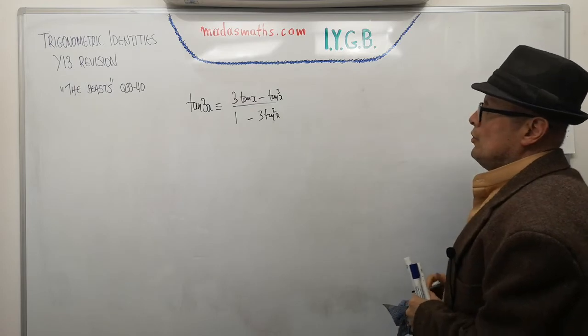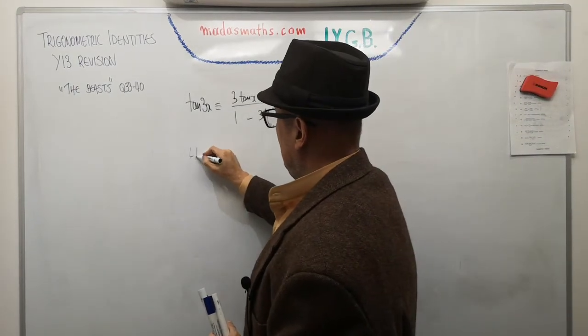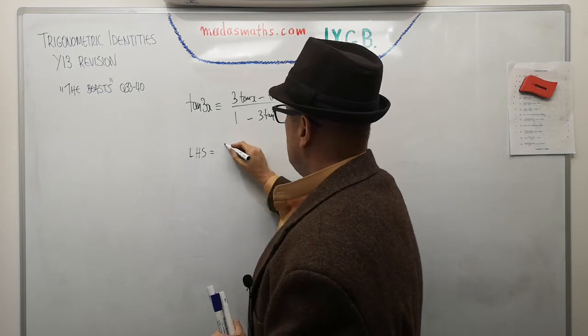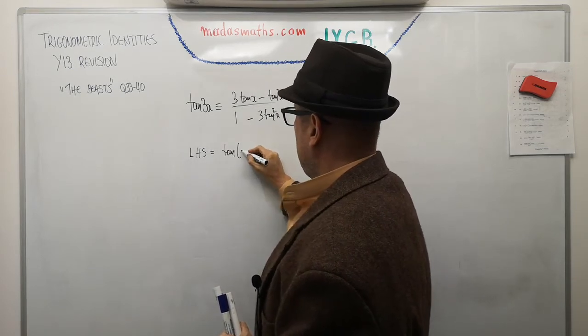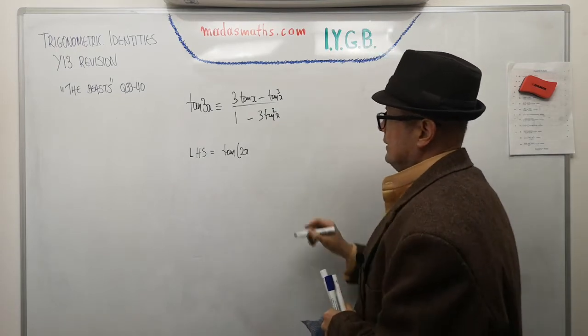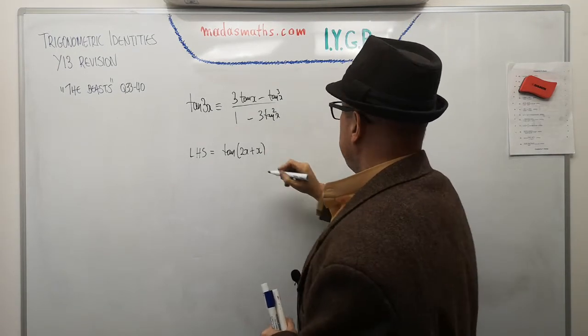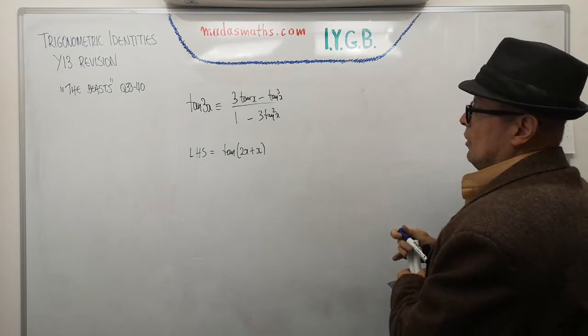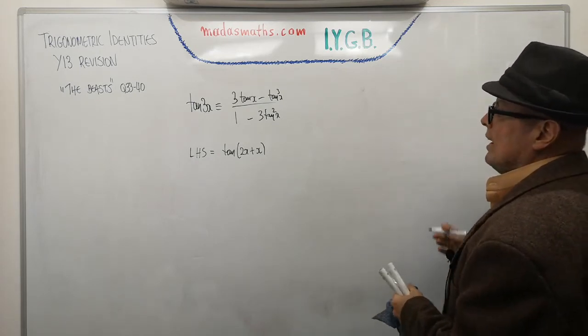For this, we're going to start from the left. Try to keep track of the work because it is a little bit messy, this one. We're going to write the tan of 3x as the tan of 2x plus x. And I'm going to write up here purely for reference so you can follow the workings. They're a little bit messy, they're not hard.